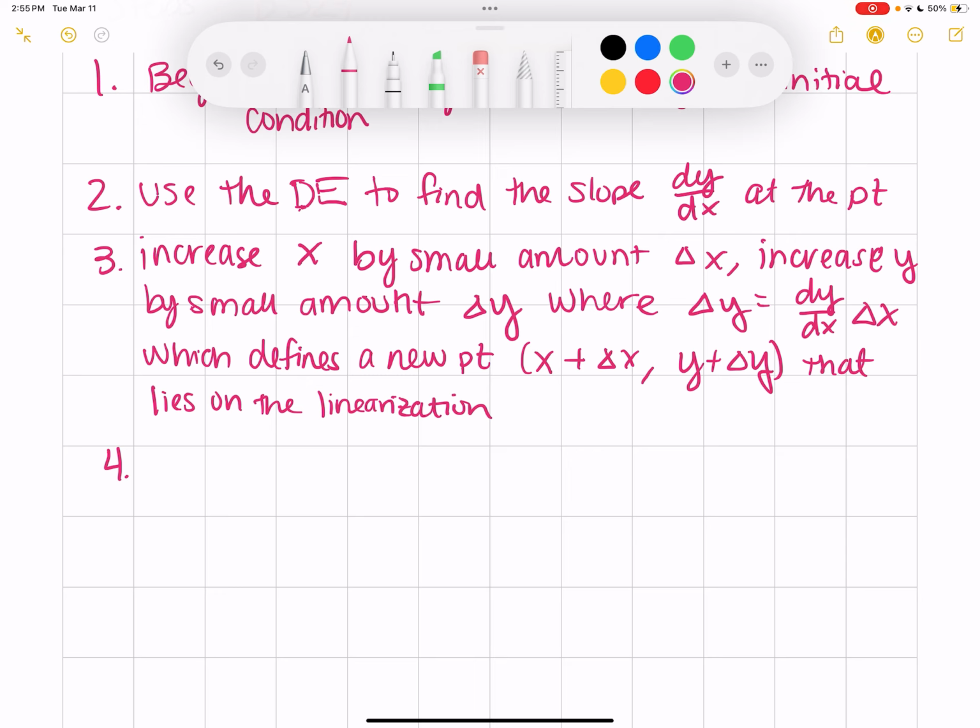Step 4: using this new point, return to step 2.